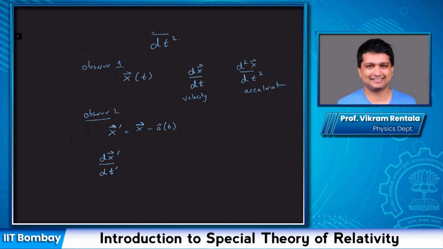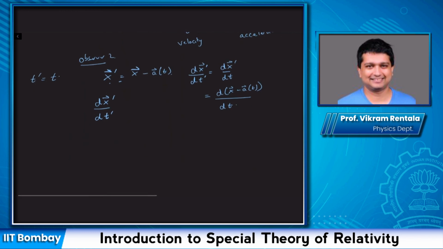But since we know that the dictionary also tells us that t prime is the same as t, so the speed as measured, or the velocity as measured by the second observer, is the same as this, and x prime can also be written as this.